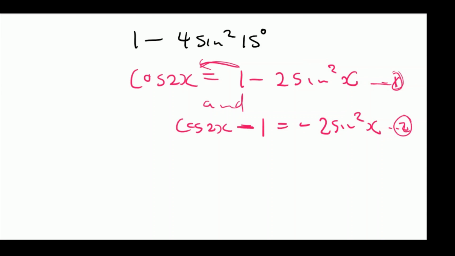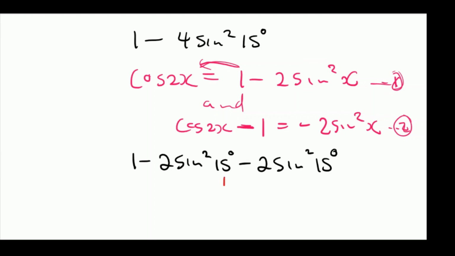So we're having 1 minus 4 sine squared 15, right? We can simply write this as 1 minus 2 sine squared 15 minus 2 sine squared 15 degrees, right? So this portion here of the problem is similar to this, right?